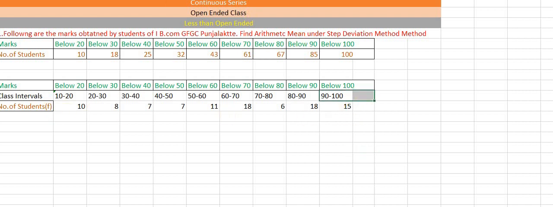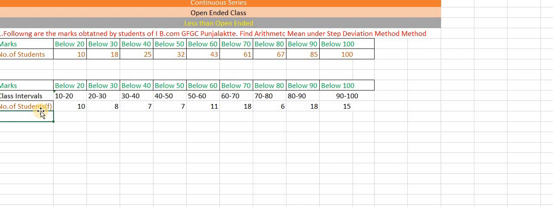Once we know the individual class interval frequencies, we are clear regarding x values and f values. The x value should be calculated from the class interval and the f value from here.